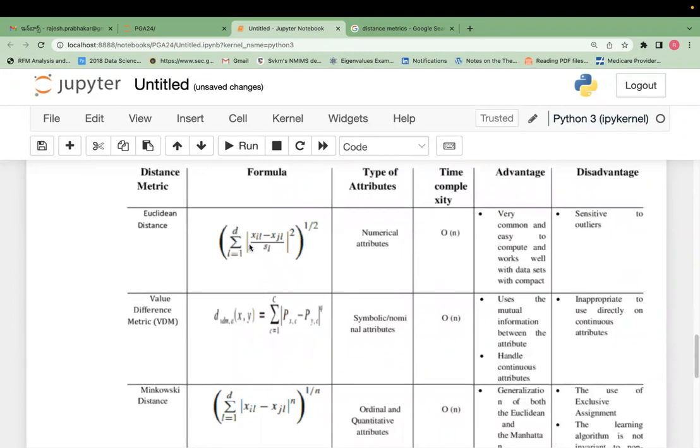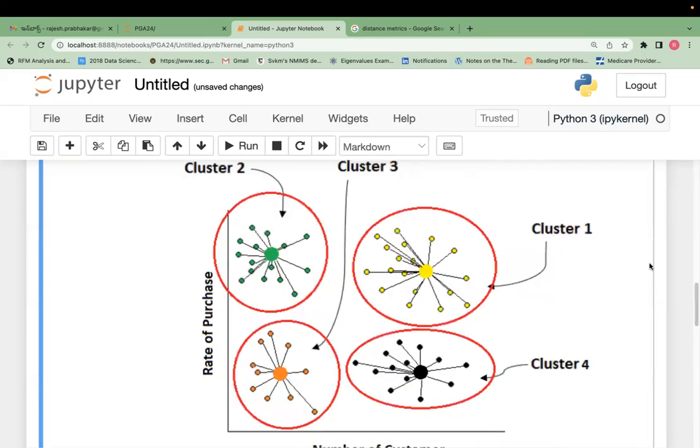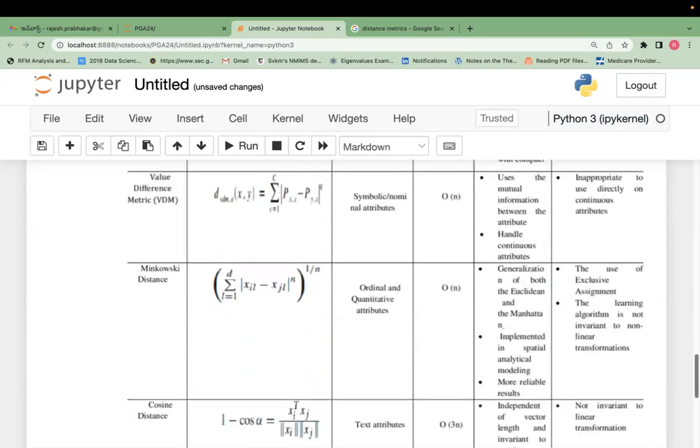Now, Euclidean distance is easy to calculate, it is the best, but it is sensitive to outliers. There is something called value difference metric, that we don't use that much.